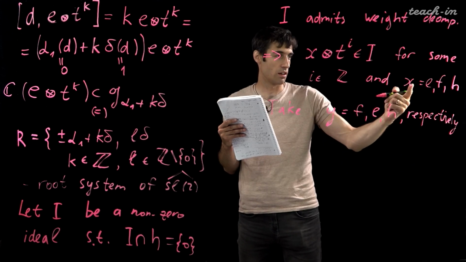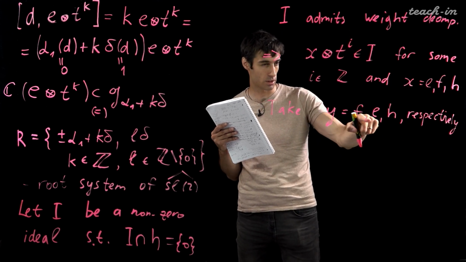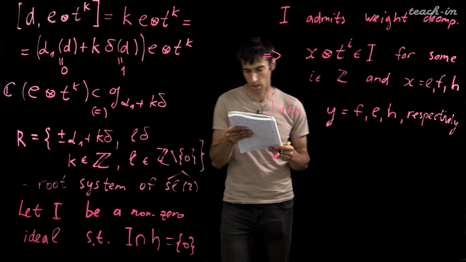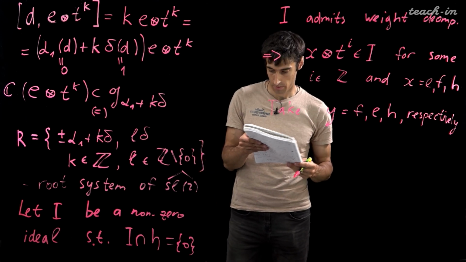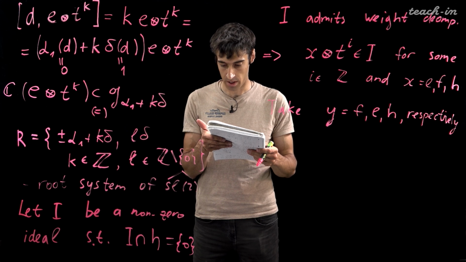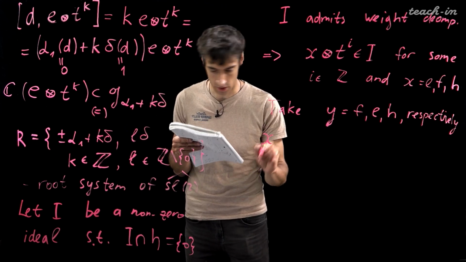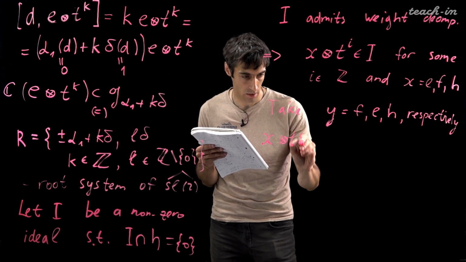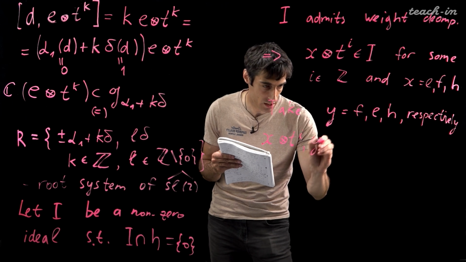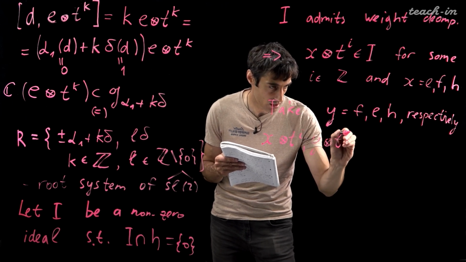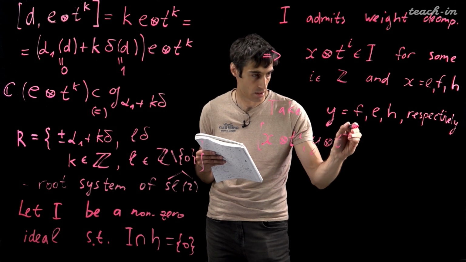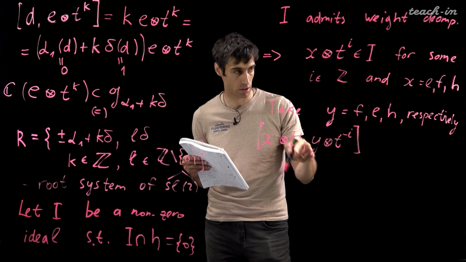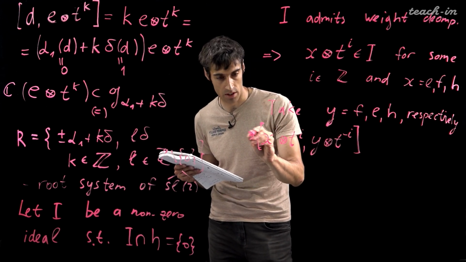Meaning, if say X is F, then I take Y to be E. If X is H, then I take Y to be H as well. But then let me consider the commutator of X tensor t^i with Y tensor t^{-i}. This guy belongs to I, therefore since I is an ideal, the whole thing is in I.